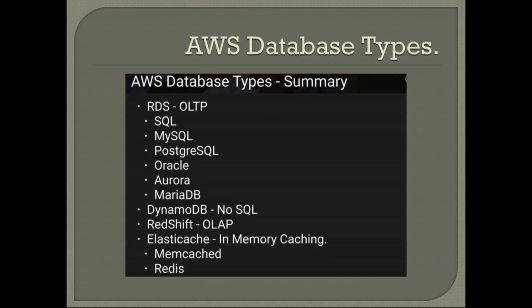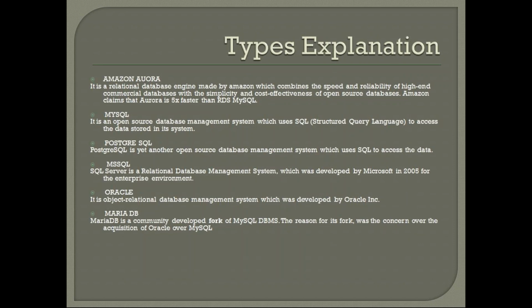There are 6 types of relational databases provided by Amazon Web Services: SQL Server, MySQL, PostgreSQL, Oracle, Aurora, and MariaDB. DynamoDB and Redshift are related services to database, but we'll see them in the coming sessions.